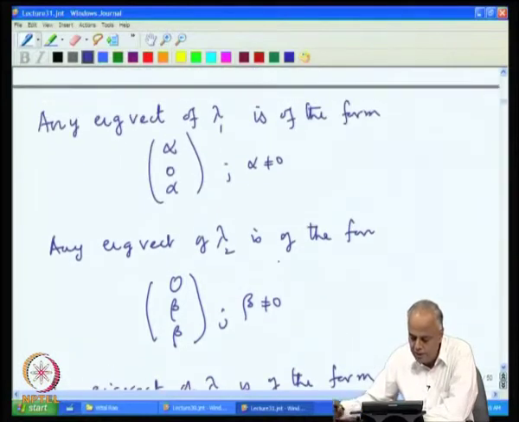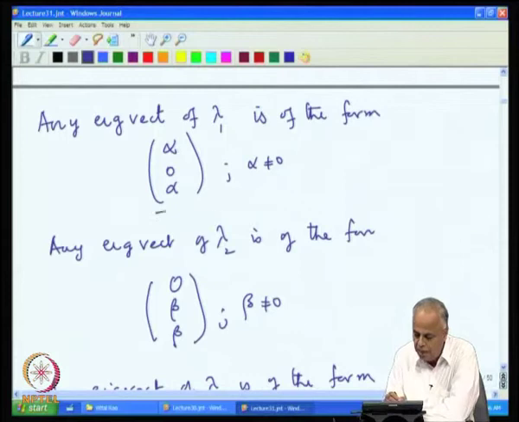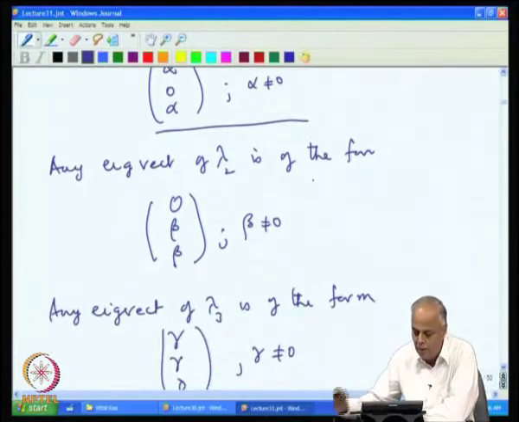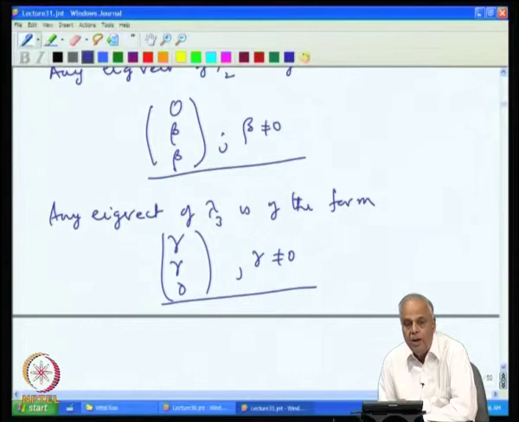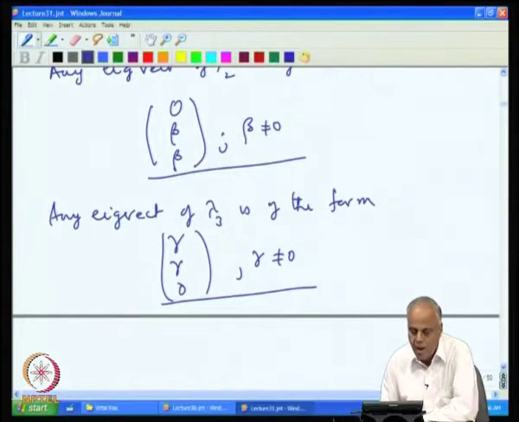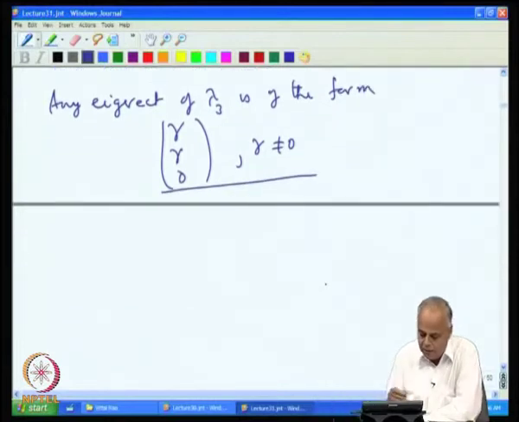Now, if you see these three eigenvectors, the eigenvector corresponding to lambda 1, the one corresponding to lambda 2 and the one corresponding to lambda 3, these are eigenvectors corresponding to the distinct eigenvalues lambda 1, lambda 2 and lambda 3, and we find they are linearly independent.